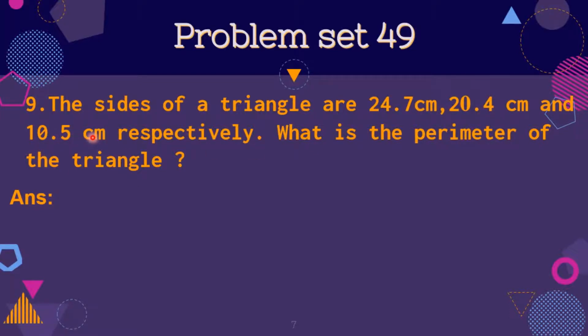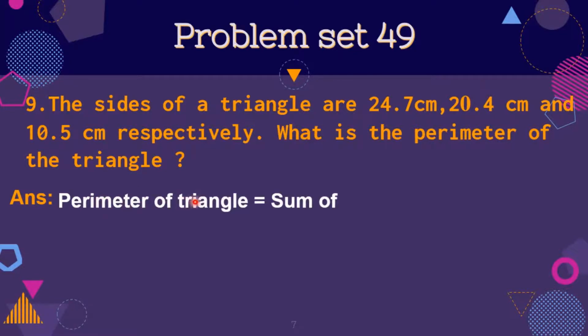So we know that perimeter of any figure is equal to the sum of length of all its sides. So we write perimeter of triangle is equal to sum of the length of all the sides. Now let us add all the three lengths of this given triangle to get its perimeter.